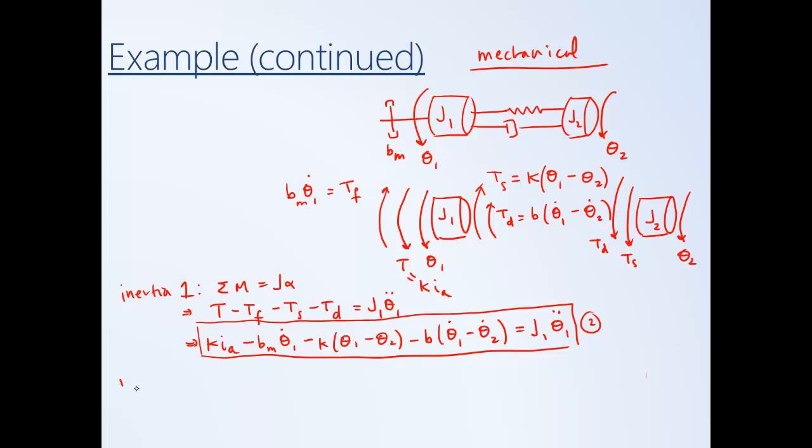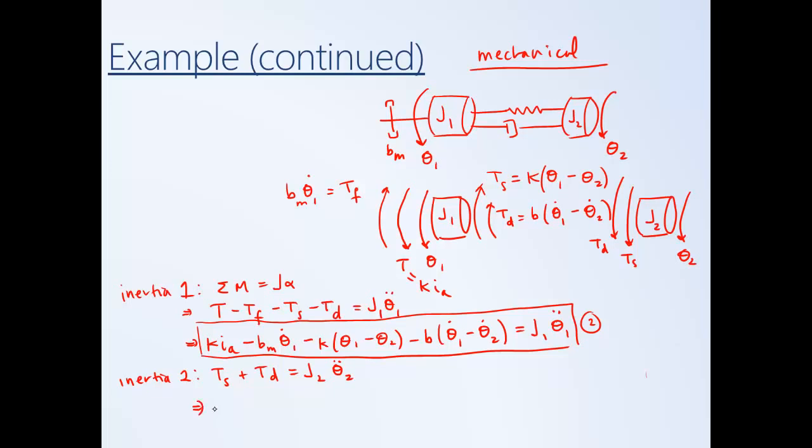And then finally, we have the equation of motion for the second inertia, where again the sum of the moments equals J alpha. In this case, the only two torques that we have acting on the inertia are the spring torque and the damper torque. They're both pointing in the direction of positive theta 2, so they're both positive. The inertia in this case is J sub 2, and the angular acceleration for this inertia is theta 2 double dot.